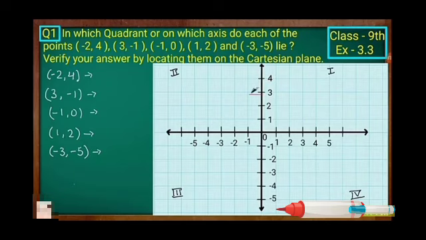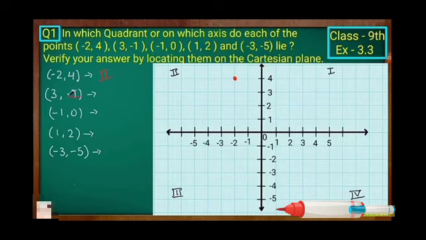Draw the perpendicular lines. Yes, this is the position of the coordinate. This lies in the second quadrant, because the abscissa is negative and the ordinate is positive.